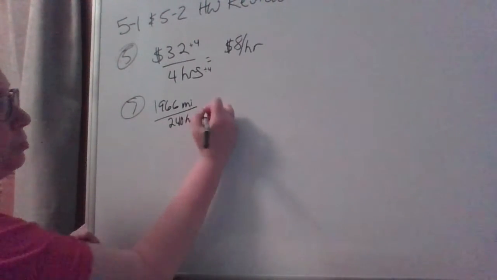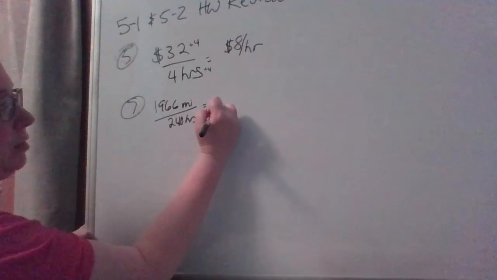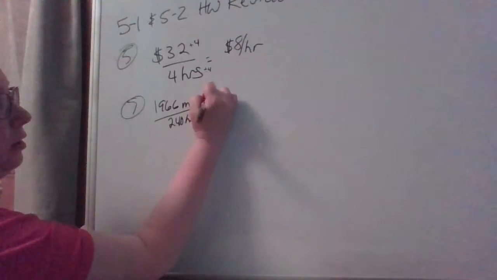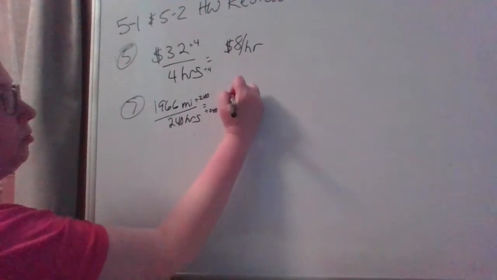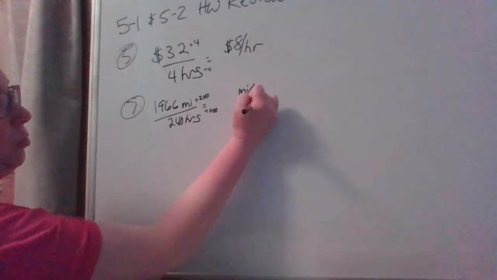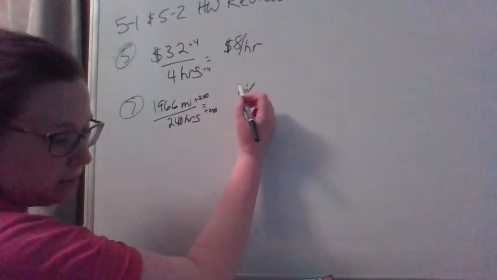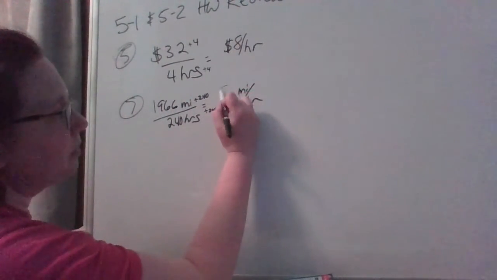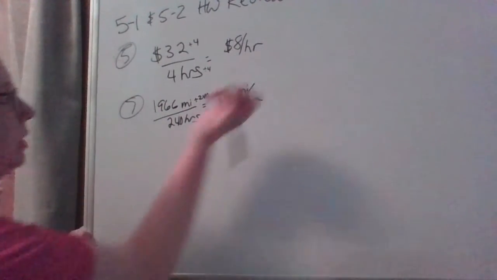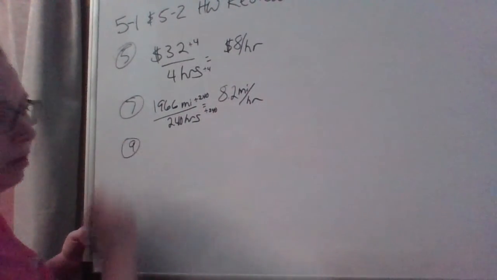So if we're going miles per hour, that means we're going to divide by 240 here. And that's going to give us miles per 1 hour. They asked us to round that to the nearest tenth, so you would get 8 2/10 miles per hour.